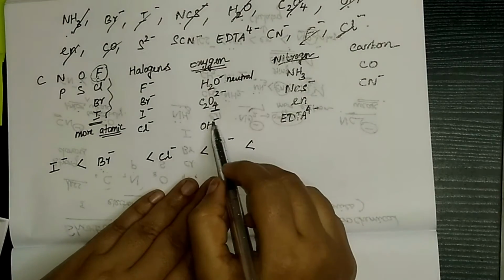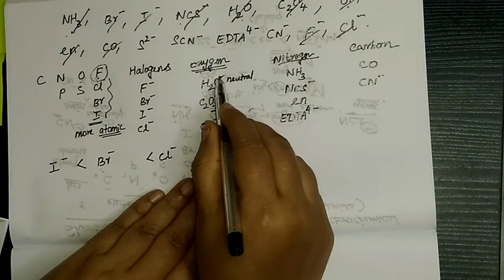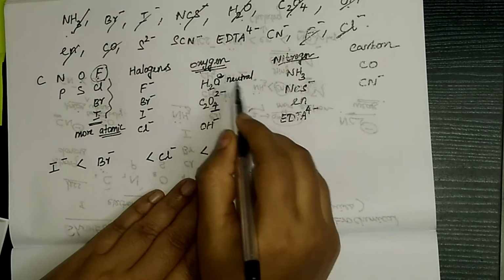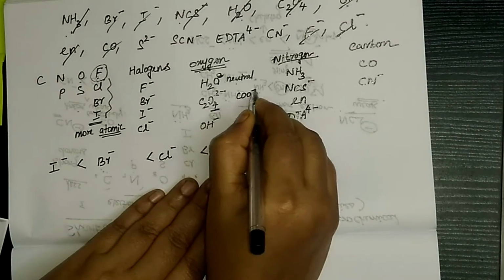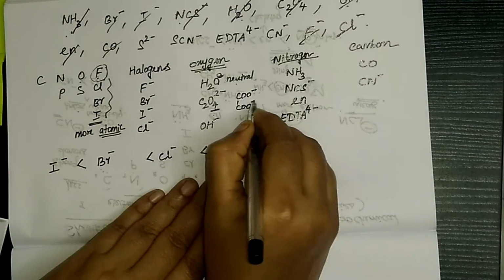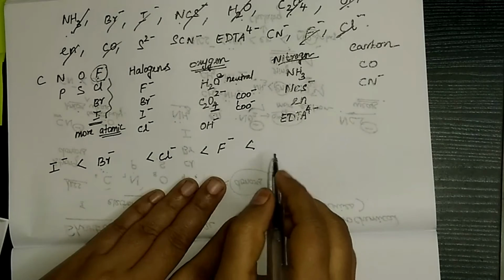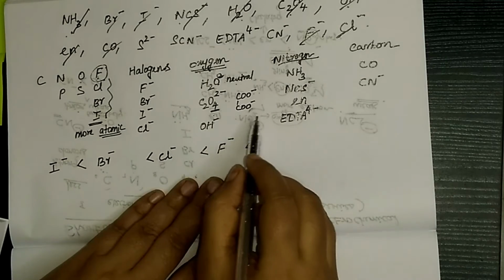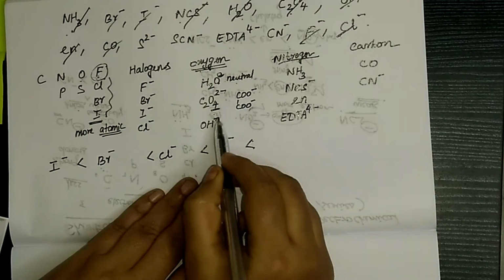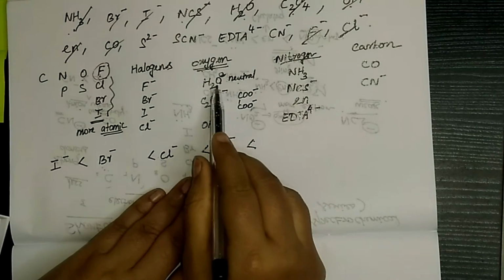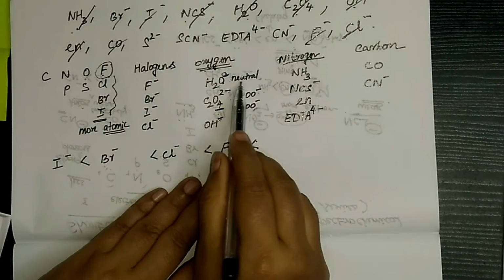So in this case we have three oxygen donors. One is water, that is aqua, this is neutral. Then this is oxalate, COO minus, COO minus. See here, I already said if you have a negative ion, then that will be weaker compared to if you have a lone pair of electrons.